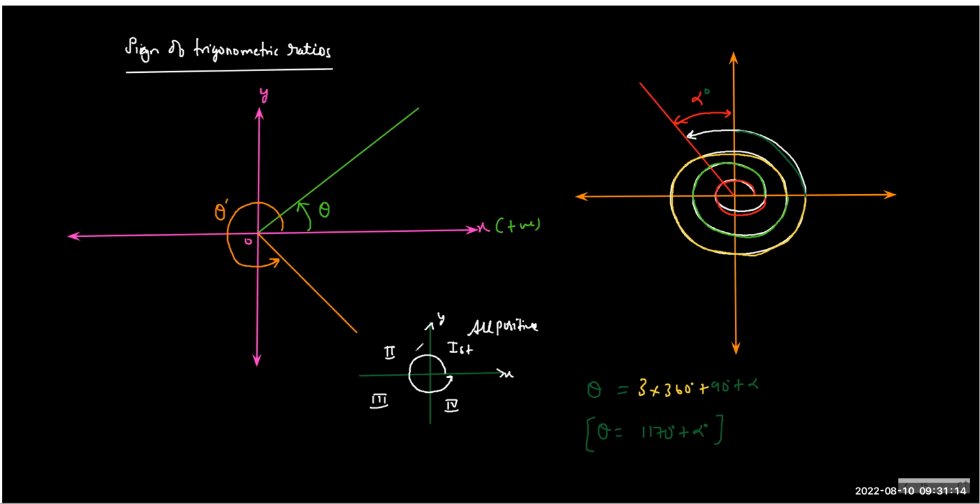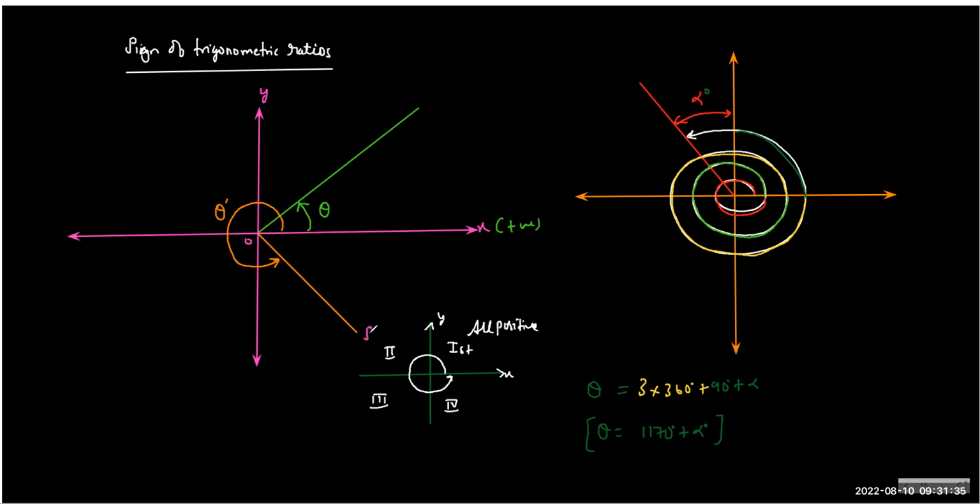So what about the second quadrant? In the second quadrant, which ratios are positive and which are negative? I'll mention only the positive values, the rest are negative.